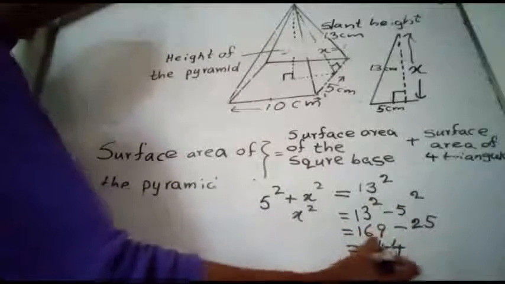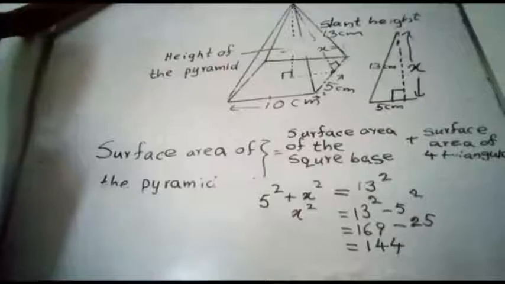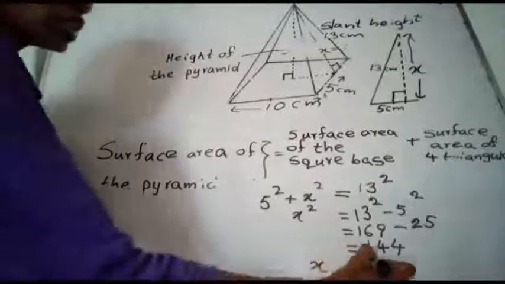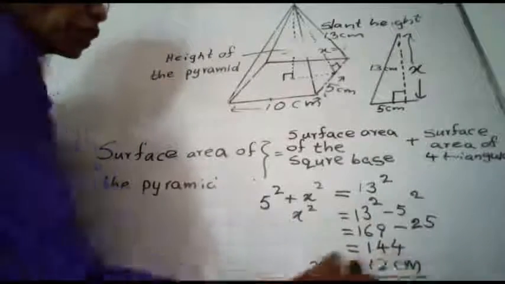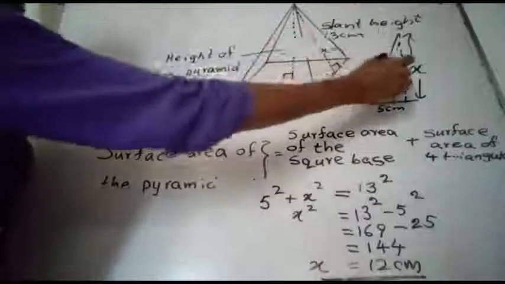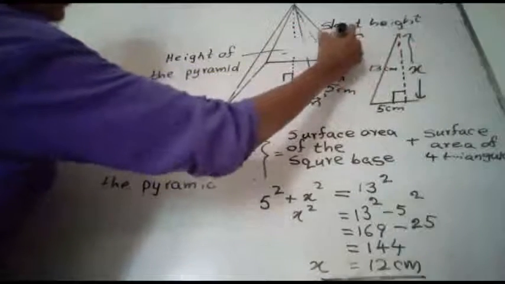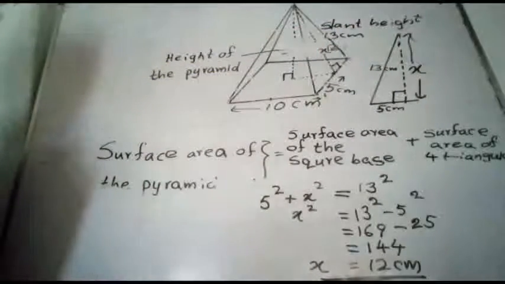Equal to 144. x is 12 centimeters. The perpendicular height of the triangular surface is 12 centimeters.